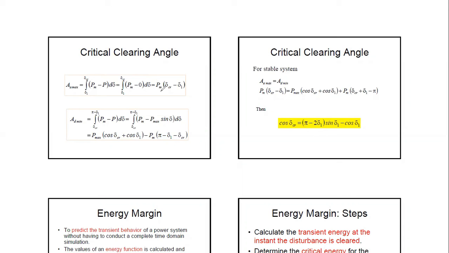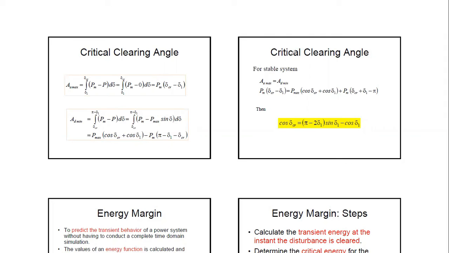Therefore, Pm into bracket delta Cr minus delta 1. Whereas the minimum deceleration area is equal to the integration from delta Cr to delta 3, which is nothing but pi minus delta 1, of Pm minus Pd d delta, which is equal to Pmax into cos of delta Cr plus cos delta 1 minus Pm into the bracket pi minus delta 1 minus delta Cr.